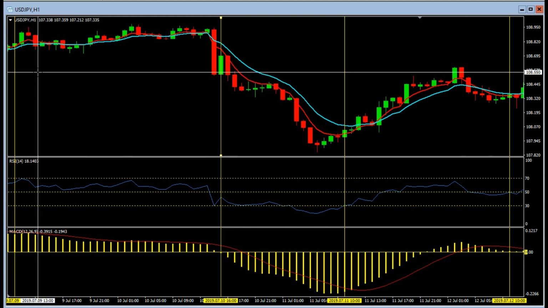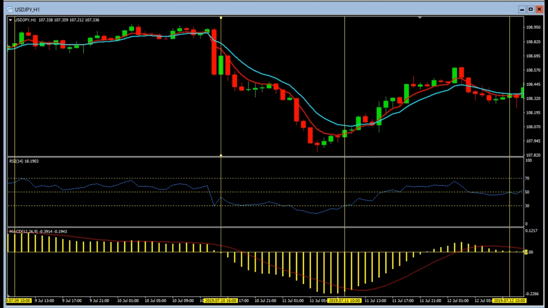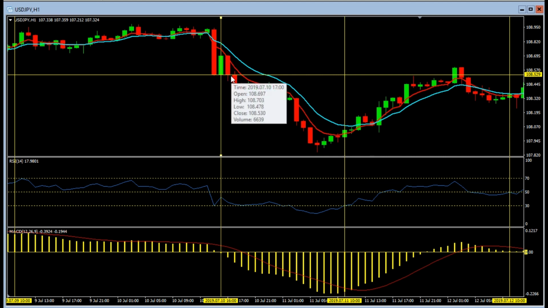We will take our entry at the close of this candle, the open of the next candle. I'm going to put a horizontal line at the open of this candle. We will go short at 108.529, about 108.53, and we will place our stop loss at the most recent high.